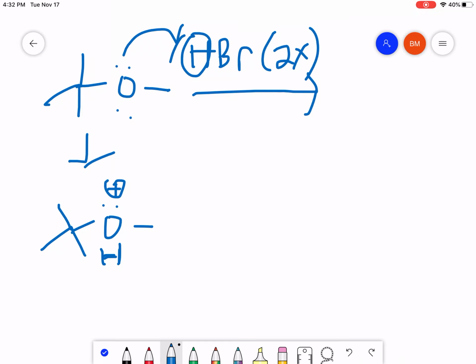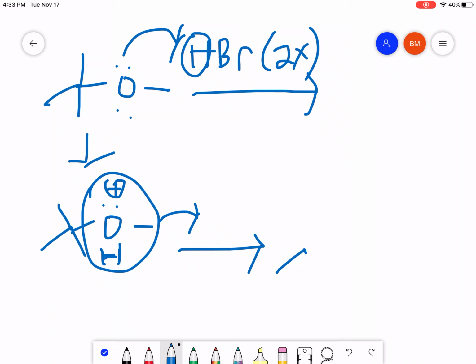All right, this is a little bit different, because what can happen here is, since we have a tertiary carbon attached to that oxygen, this alcohol group can just go ahead and leave. And it produces a carbocation. All right, this is your SN1 mechanism. We have a tertiary carbocation, very stable.